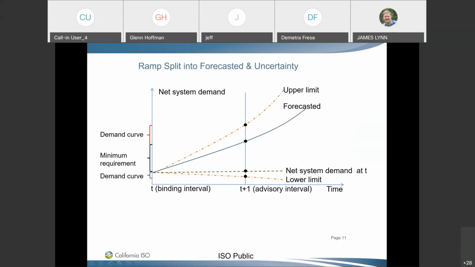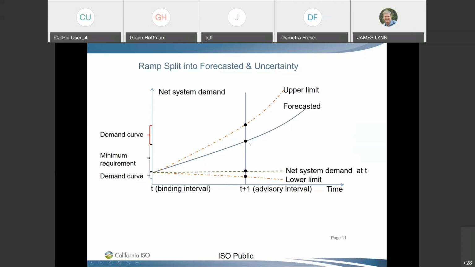Now, the flexible ramp down requirement, you would think maybe it's the second bullet down to the first bullet, but actually no, it's from the forecasted limit bullet down to the lower limit, because we're expecting that load to go there. We're going to align market dispatches to meet this forecast.